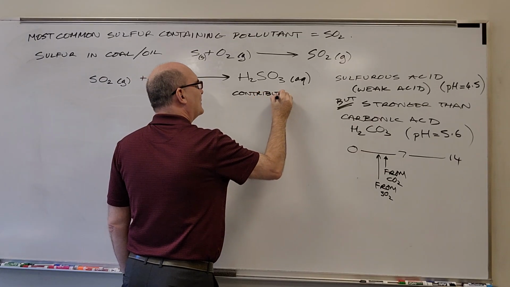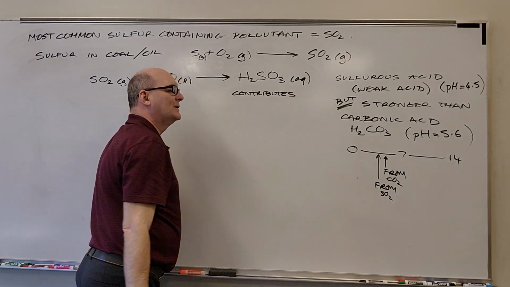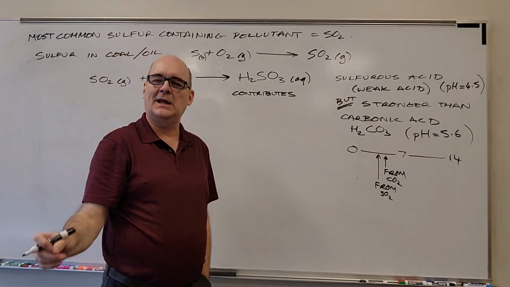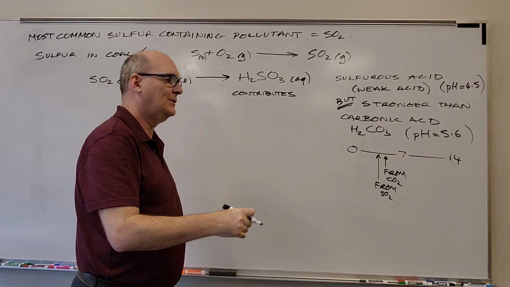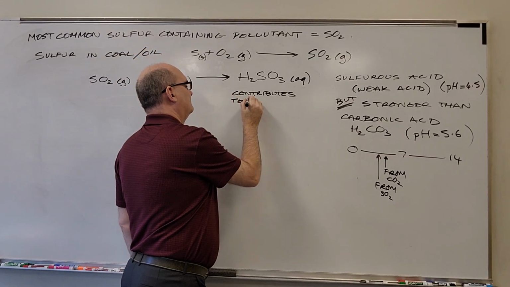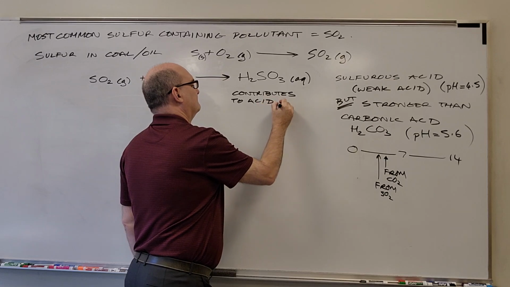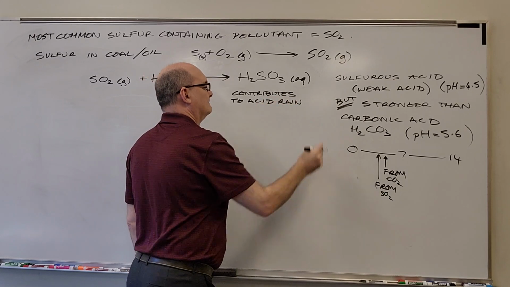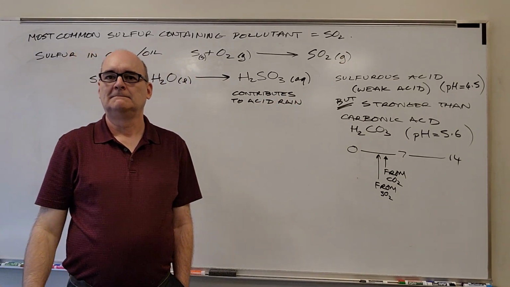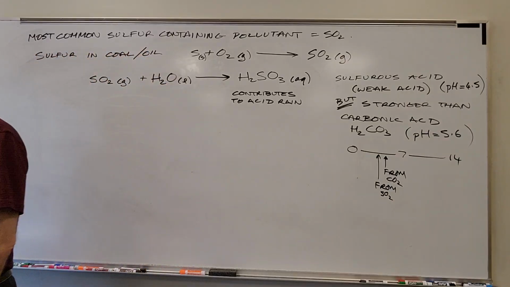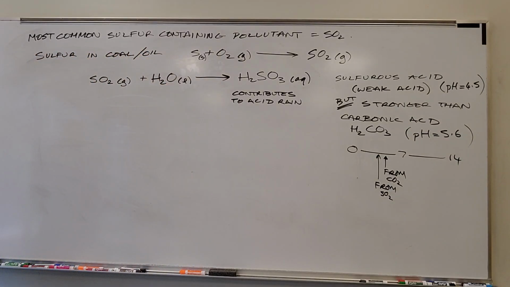What was our threshold that we said on Tuesday that the EPA considers to be acidic enough to be classified as acid rain? We put a number to it. The EPA had a number. For the pH, yeah, it was 4.4.